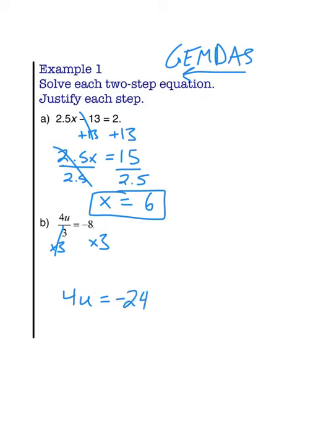And now I need to get rid of that 4, so divide by 4, and I have u equals negative 6. If I plug that in, 4 times negative 6 is negative 24, divided by 3 is negative 8.